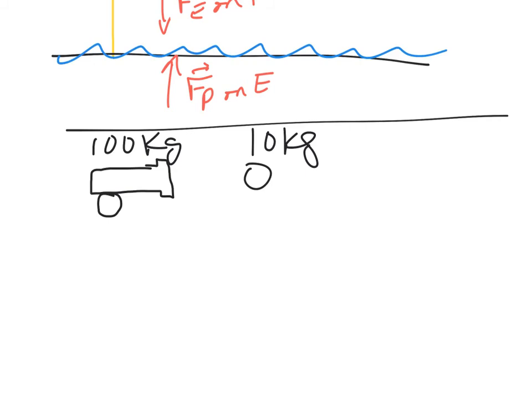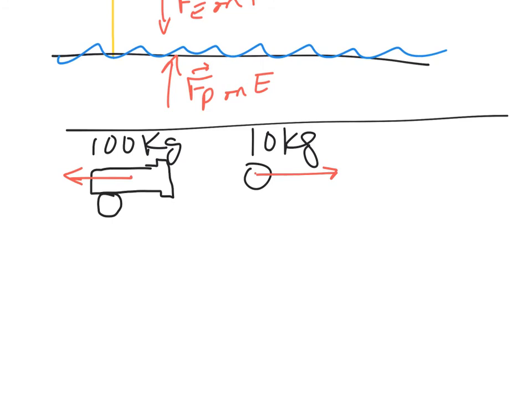Now, according to the third law, the cannon feels a force this way, and the cannonball feels a force this way. And they are the same force. They are equal in magnitude, opposite in direction. Okay?